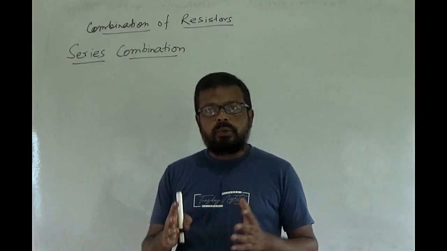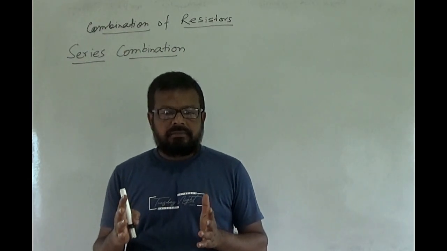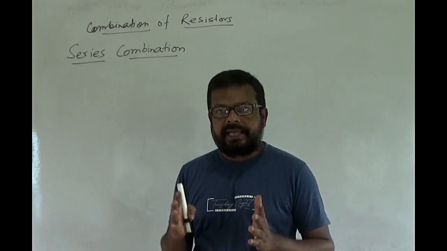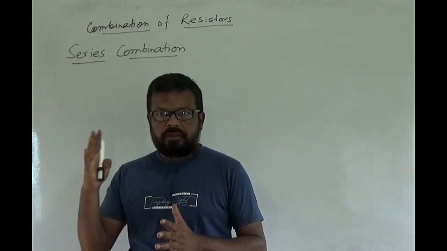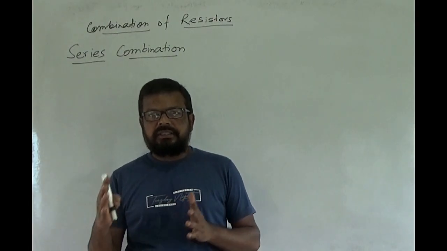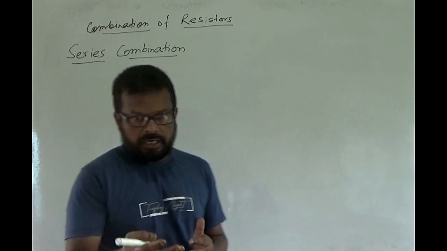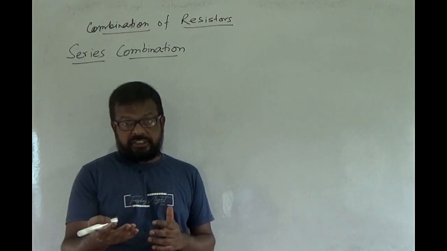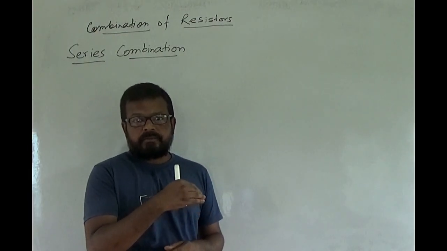When two or more resistors are connected one after the other, such that the same current flows through all the resistors, that means the end point of the first resistor is connected to the first point of the second resistor.